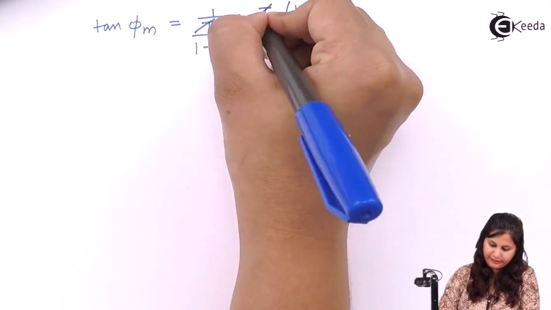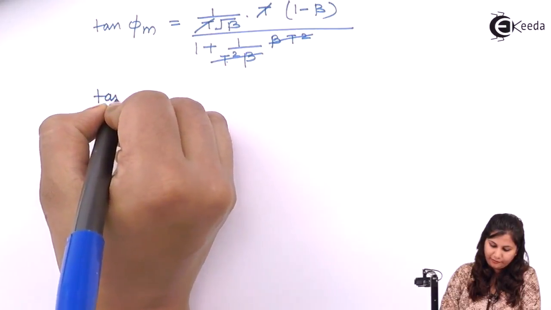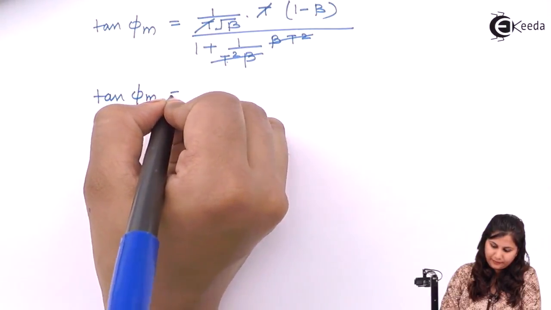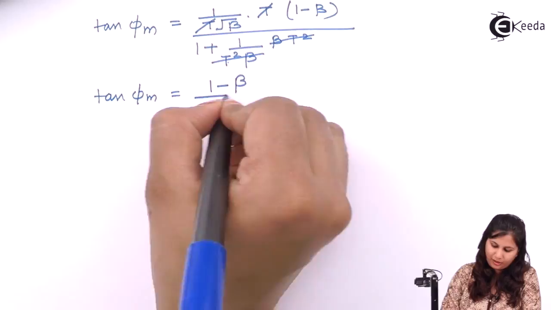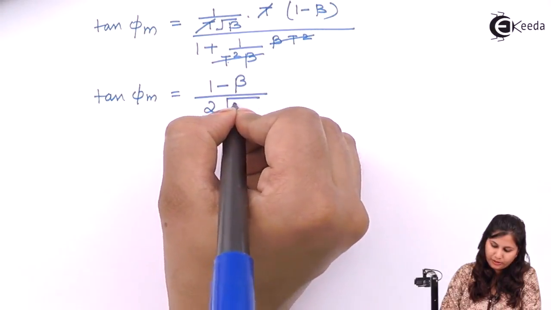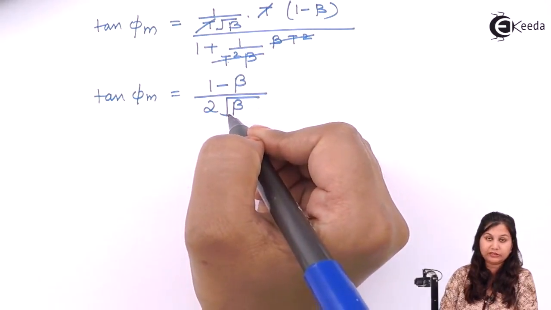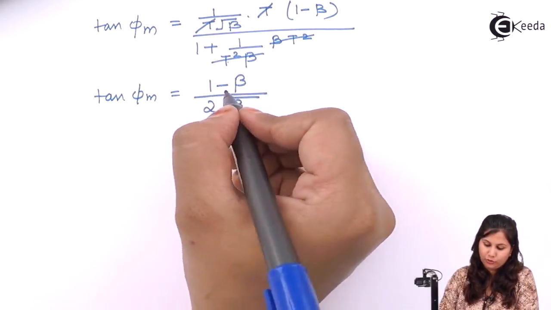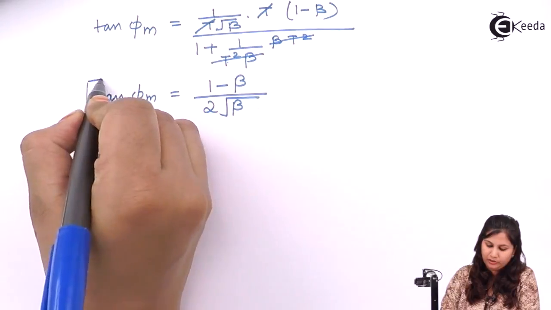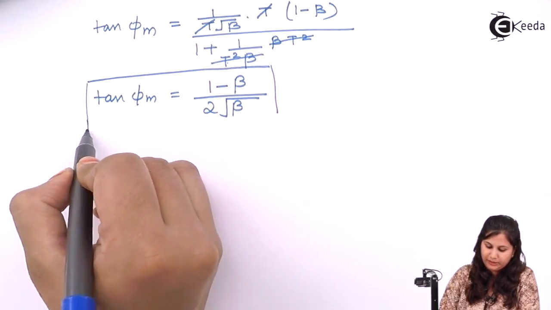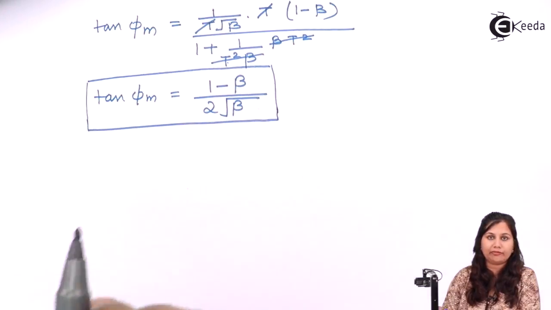Cancelled out, t cancelled, so tan phi m is 1 minus beta upon 2 root beta. This is 1 plus 1, so it is 2, and this beta will come in the denominator, so 1 minus beta upon 2 root beta. This is the value of tan phi m.